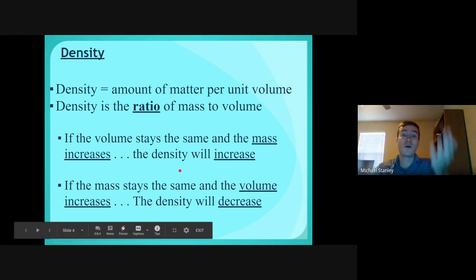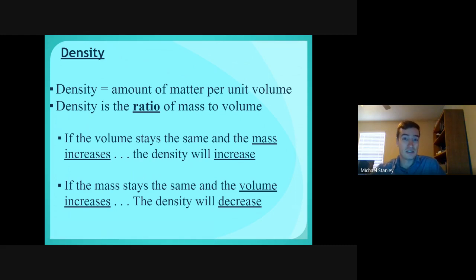So mass and volume are these two things that we are balancing for density. The heavier that something gets, if the volume stays the same, density goes up. The lighter that something gets, or the more volume that something has, the density is going to go down.